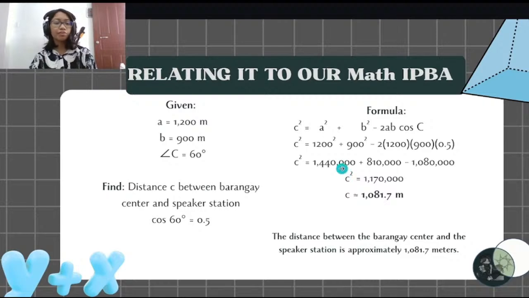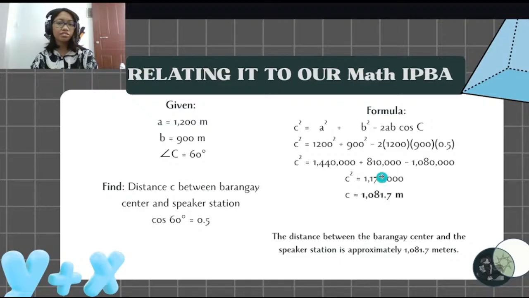Simplify. 1,200 squared is 1,440,000, plus 900 squared is 810,000, minus 2 times 1,200 times 900 times 0.5, which equals 1,080,000.